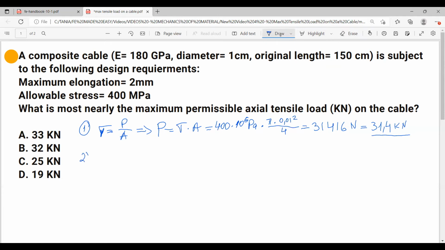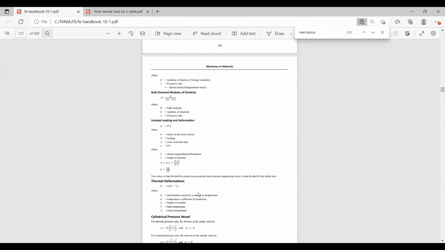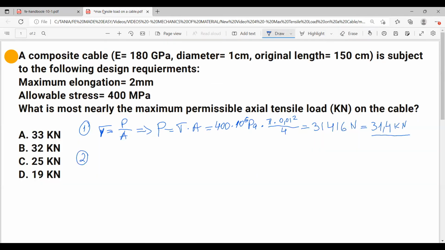And now let's calculate the maximum load due to the maximum elongation. And going back here, the formula, the elongation equals PL over AE. So let's just write this formula down. PL over AE. And from here, we're just going to calculate the P, the load, which equals elongation times area times the modulus of elasticity over the entire length.